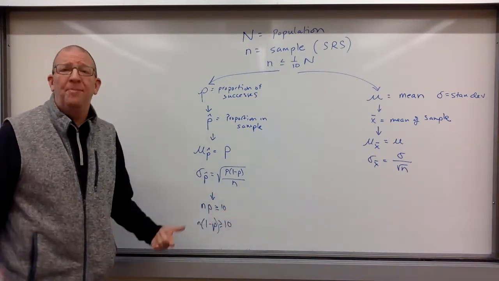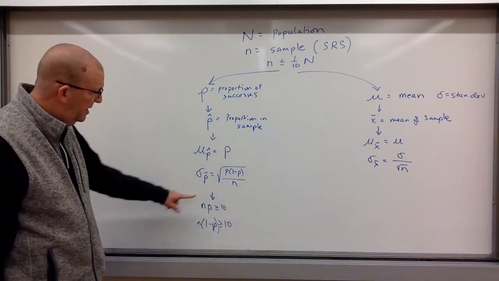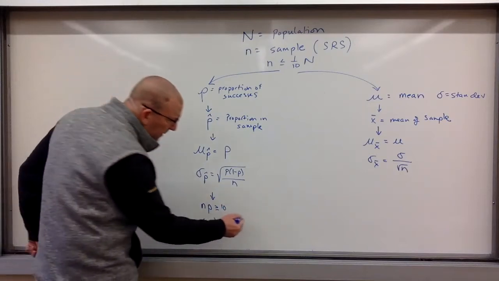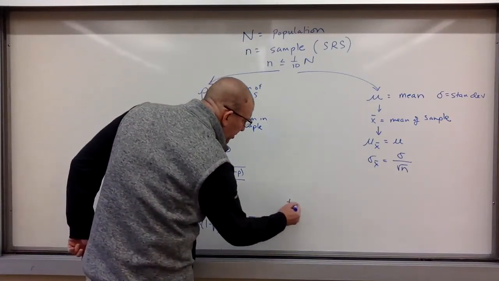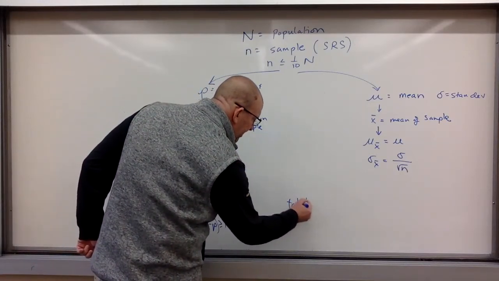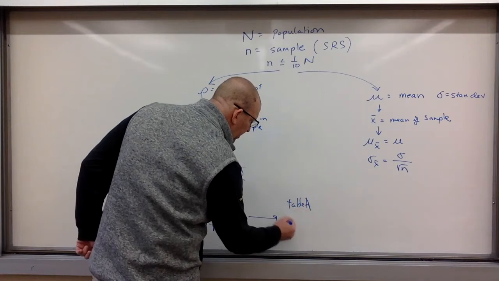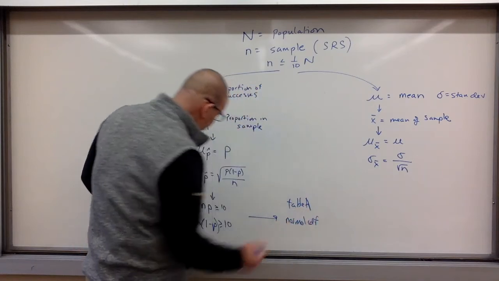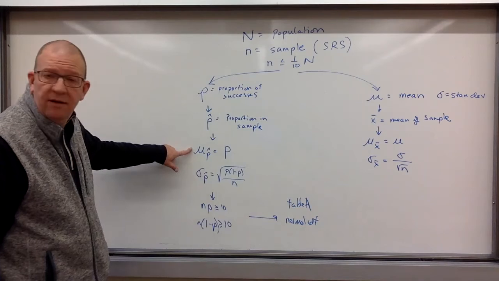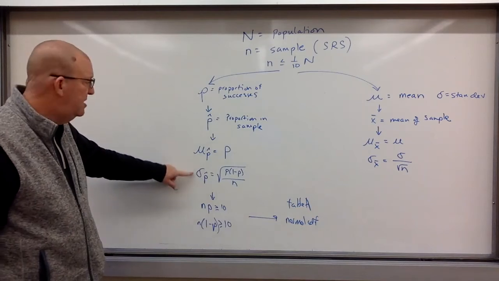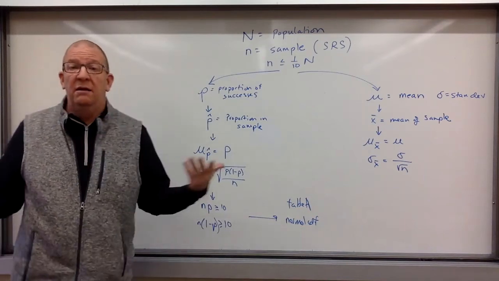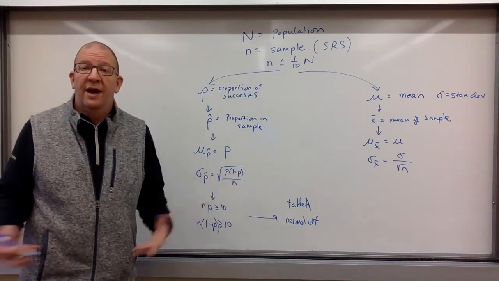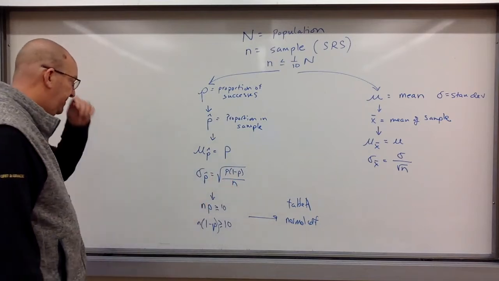So don't even worry about it. Pick another proportion. As long as this is true, we use table A or normal CDF. How do we use it?